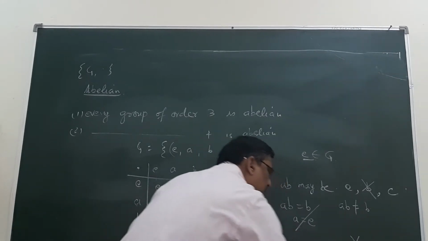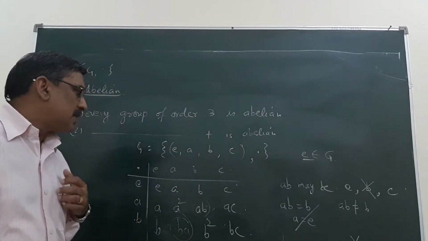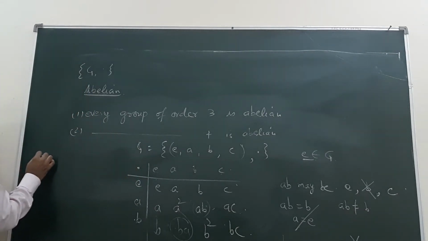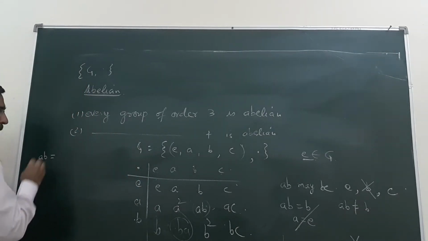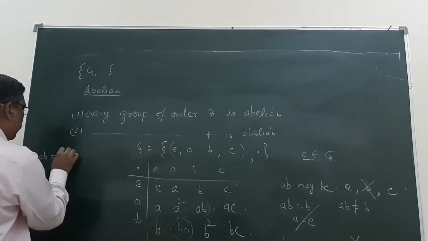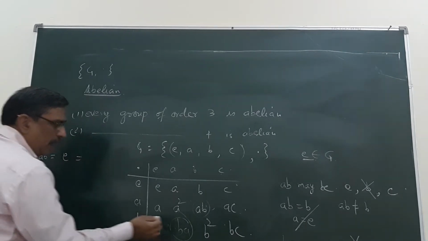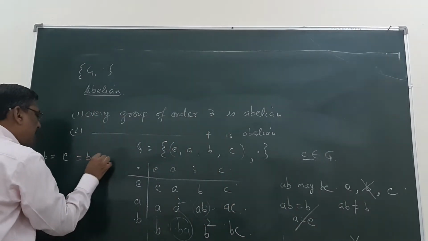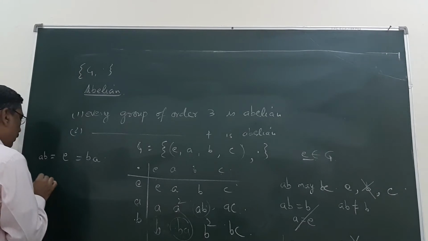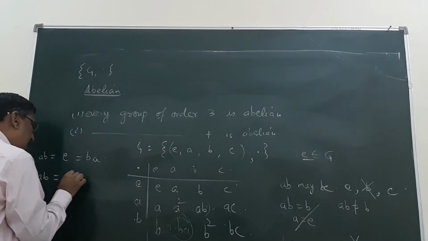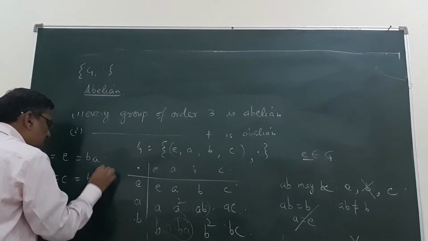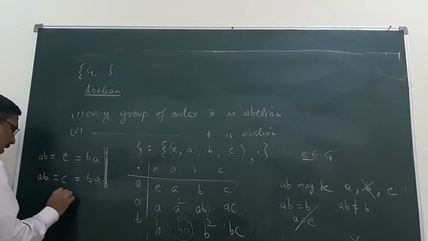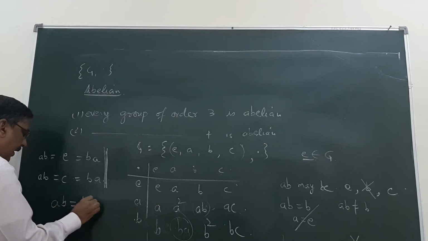So this possibility cancels out. So from these two results, if ab is equal to e, then ba will also be equal to e. If ab is equal to c, then ba is also c. From these two results, we can see that ab is equal to ba.